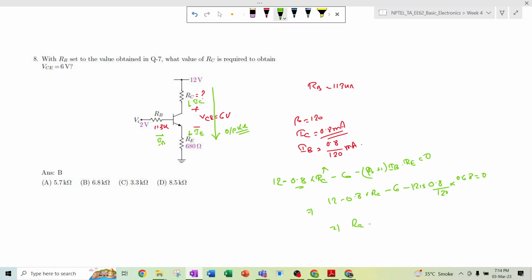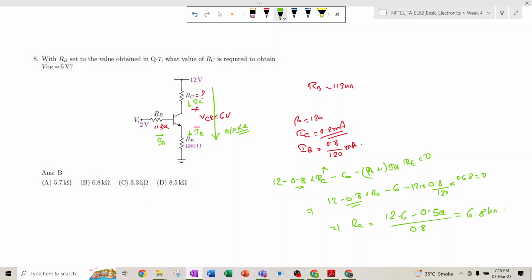Okay, you got it. So what is the answer for RC? 12 minus 6 minus 121 divided by 120 into 0.8 into 0.68, so this is 0.54, divided by 0.8, so it comes out to be 6.8 kilo.